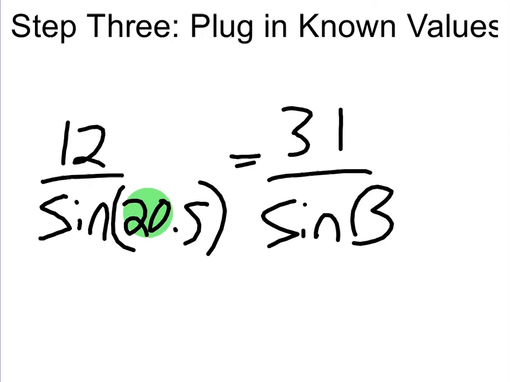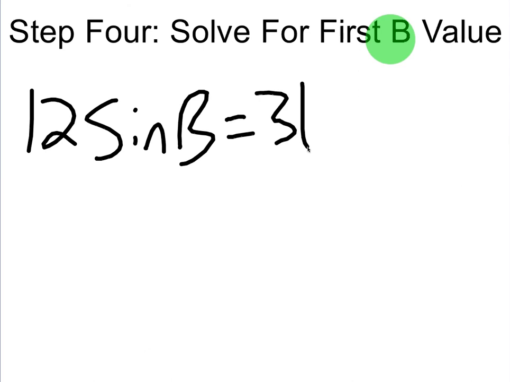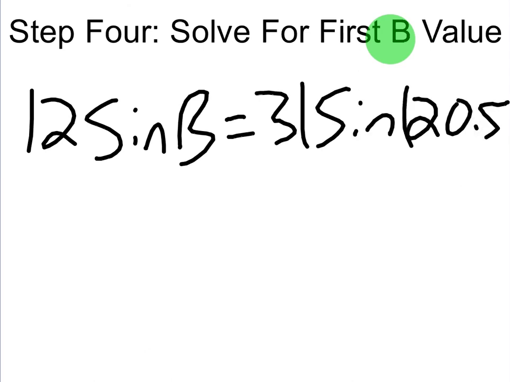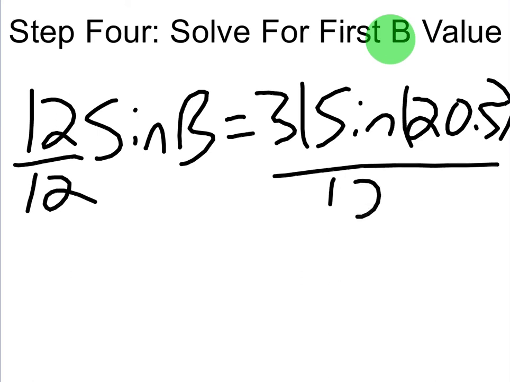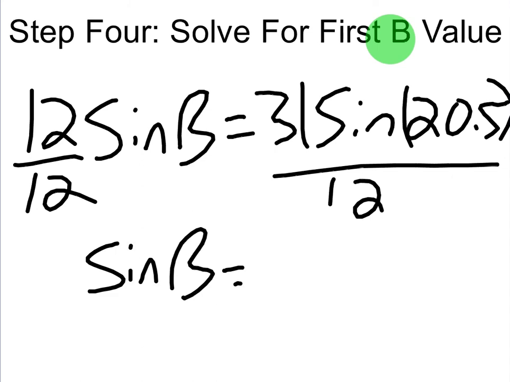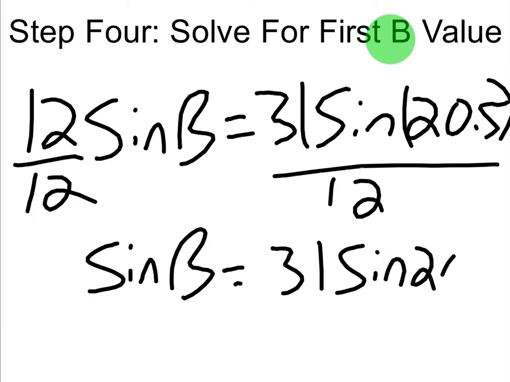Make sure I'm copying these over right. Okay, so now we need to divide by 12. We get sine of big B equals 31 sine of 20.5 over 12.